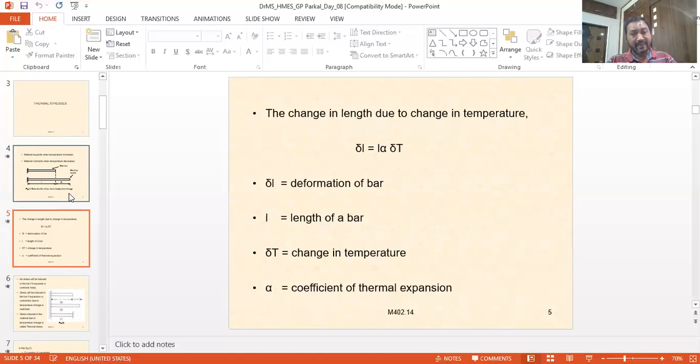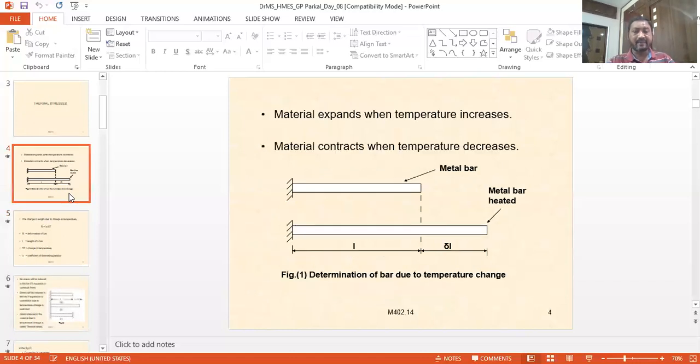That is the nature of the material, and its value is constant for a specific material and different for different materials. Its unit is per degree centigrade. Now, when this metal bar is subjected to an increase in temperature of delta T, the length will expand.